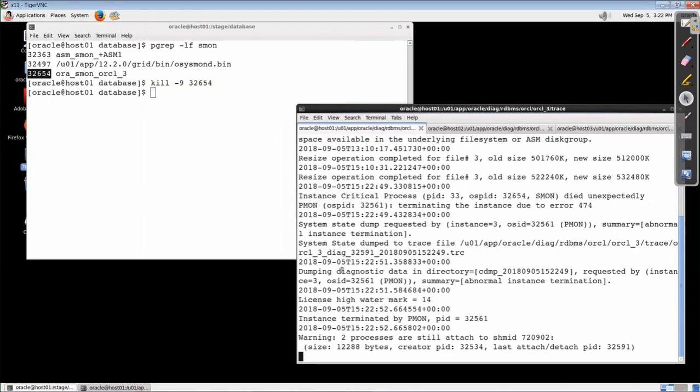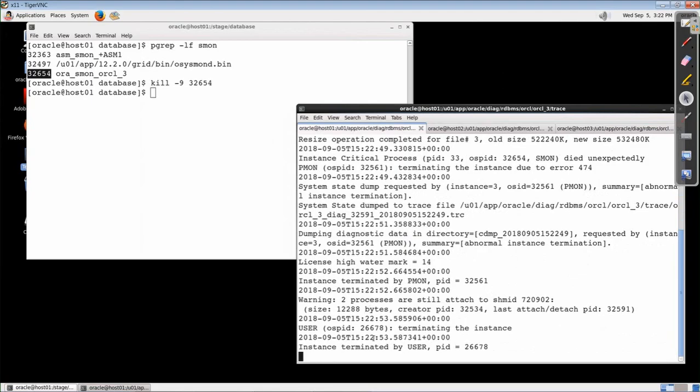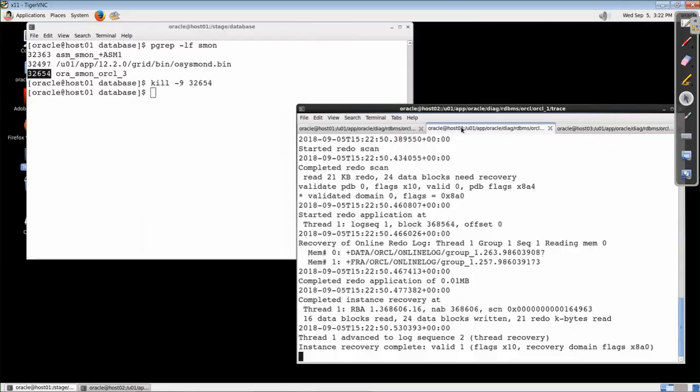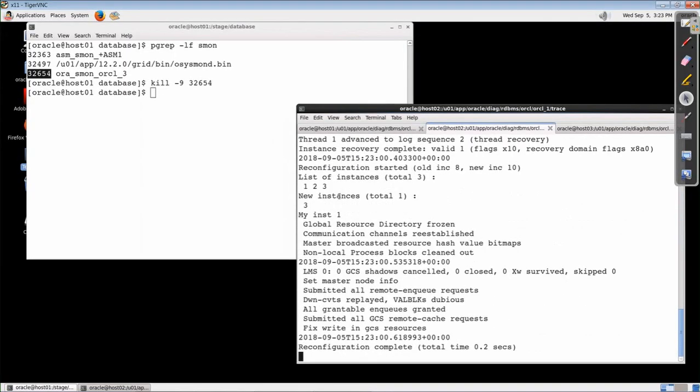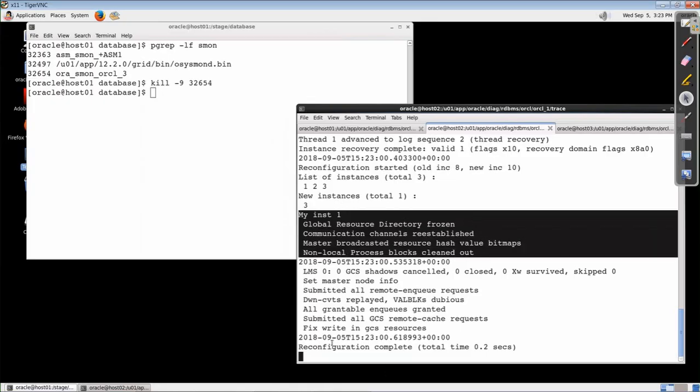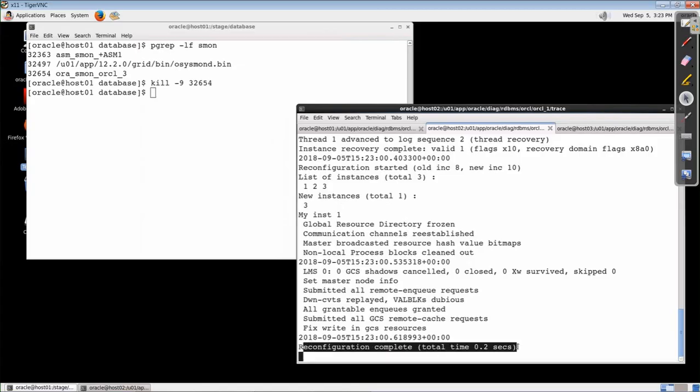So as you can see, the instance went down, terminated, and restarted. So look at this: instance recovery, reconfiguration started, list of instances, total 3, and a new instance. So we have this kind of information. Look at this. My instance 1, global resource directory frozen, channel reestablished, and reconfiguration complete. How long did it take?